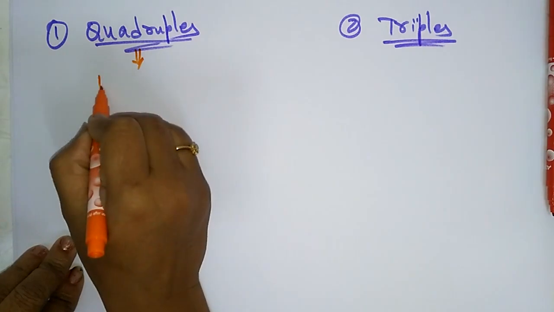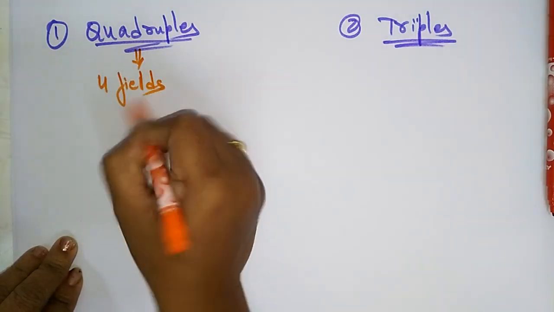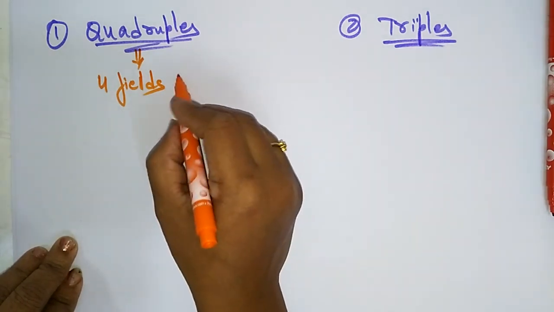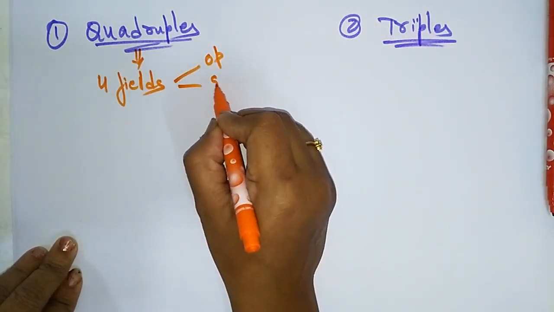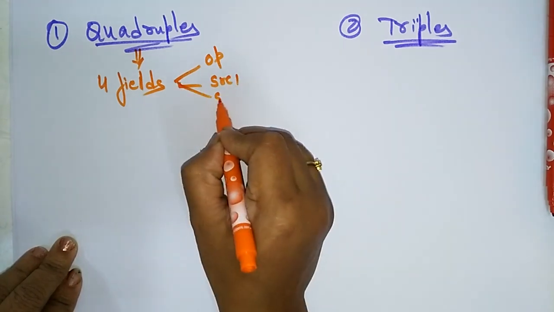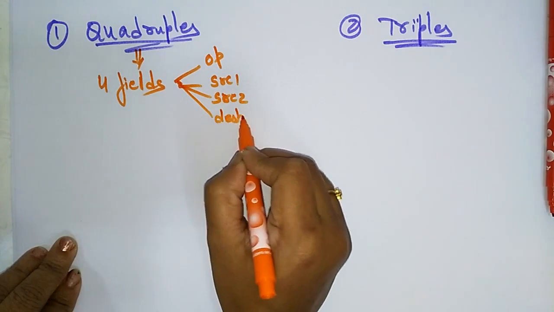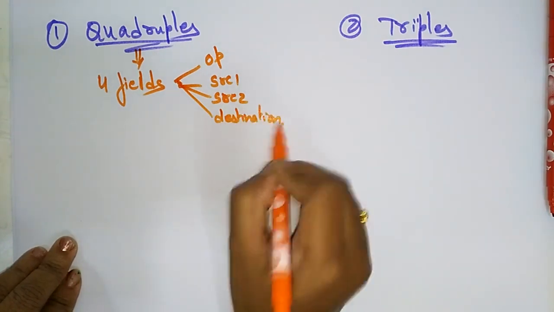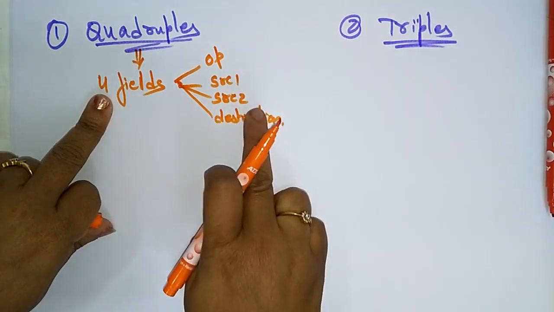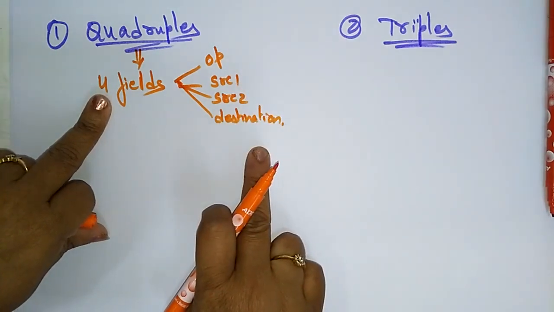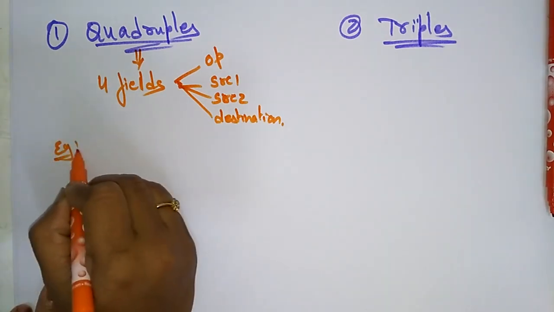Quad means 4 fields will be there. The 4 fields are the operator, source 1, source 2, and the destination, that is the result.